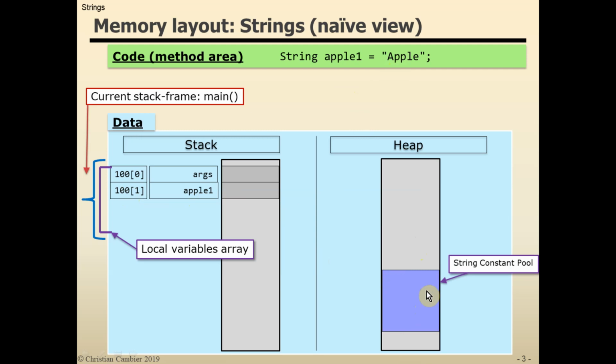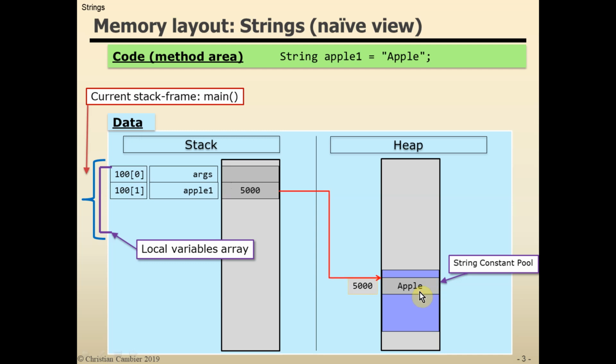Since string literal apple is used for the first time in our example at this stage, nothing will be found in the pool, and this results in a new string object containing apple to be added in the pool. Its reference is returned to apple1.